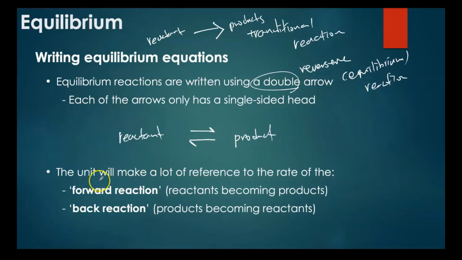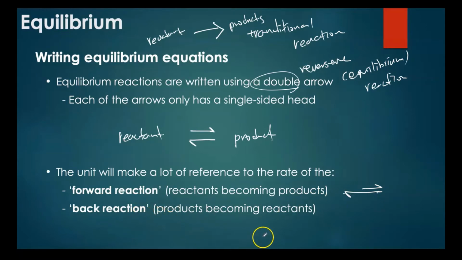We make a lot of reference to the speed of the forward reaction. Forward reaction means the reactants becoming products. In this case, the arrow will look like this: the arrow that goes to the product side is longer than the one that goes to the reactant side.